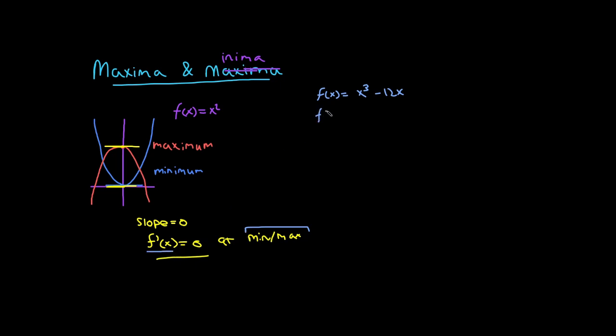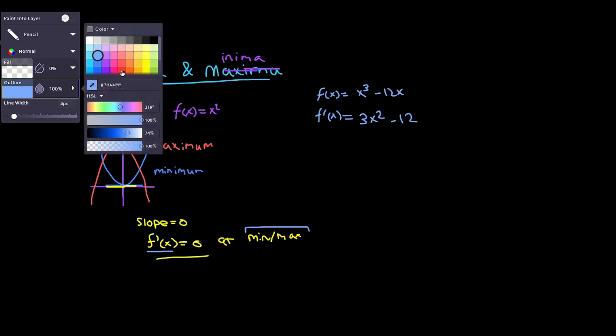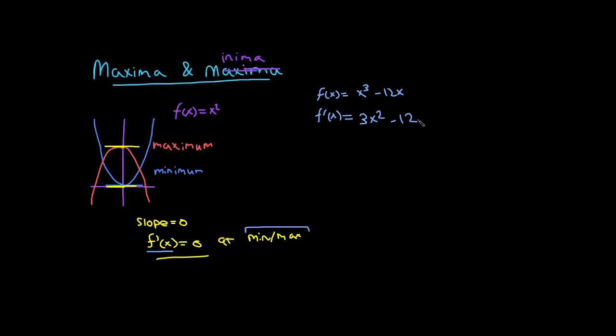The derivative of f is going to be 3x squared minus 12. This is easy enough, we don't have to do any weird chain rule. And to find the extreme values, we set this equal to 0. Then we move the 12 to the other side and divide by 3, which gives x squared equal to 4, and that gives x equals negative 2 or x equals 2.